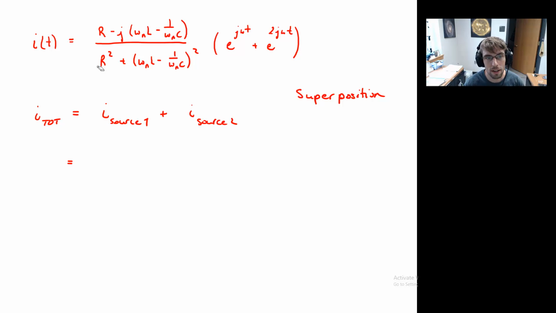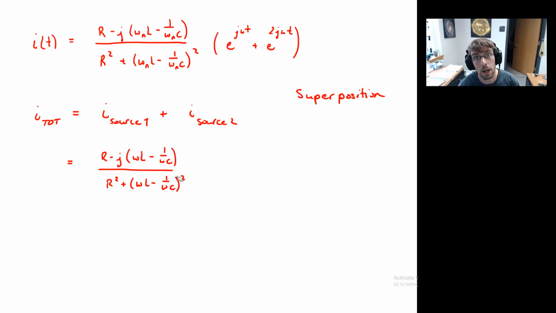Now we can think of this as being broken up into two pieces. The first one being r minus j omega L minus 1 over omega C, divided by r squared plus omega L minus 1 over omega C squared.